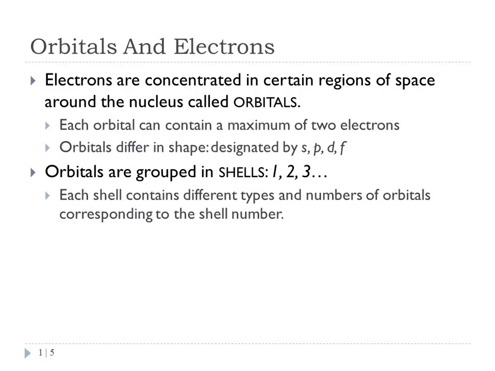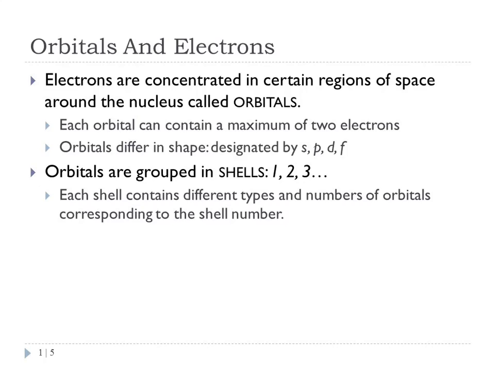There are different theories about the location of the electrons and what they're doing. Quantum mechanical theory is the current theory in use and our best understanding of how electrons are arranged. So quantum mechanics teaches us that electrons are concentrated in regions of space around the nucleus called orbitals.